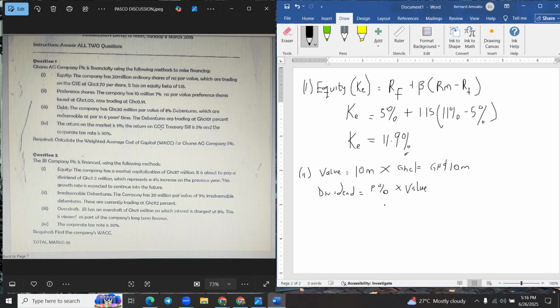So the value here was 7% of the value of 10 million cedis. So we have solved our problem here. What is 7% of 10 million? That is 700,000 Ghana cedis. So this is our dividend. Forgive my writing there.